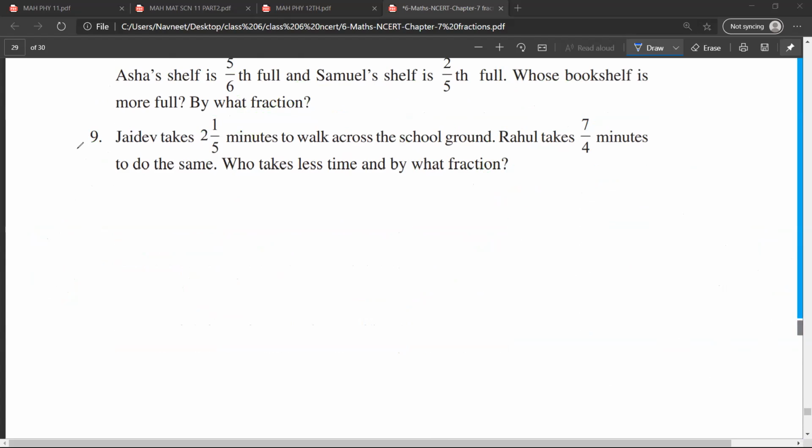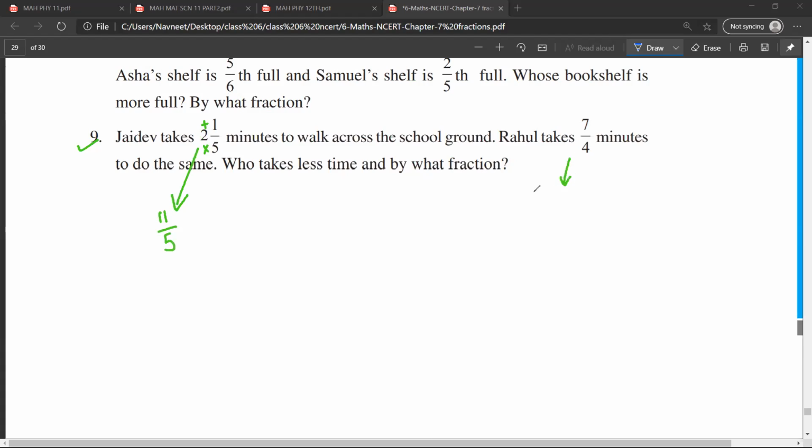Let's do the last question. Jaidev takes 2.5 minutes to walk across the school ground. Rahul takes 7 by 4 minutes. Who takes less time and by what fraction? So 2 1 by 5, I can write it as 11 by 5: 5 into 2 plus 1, 11 by 5.